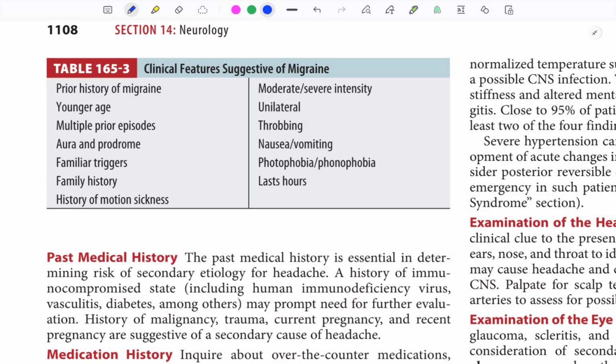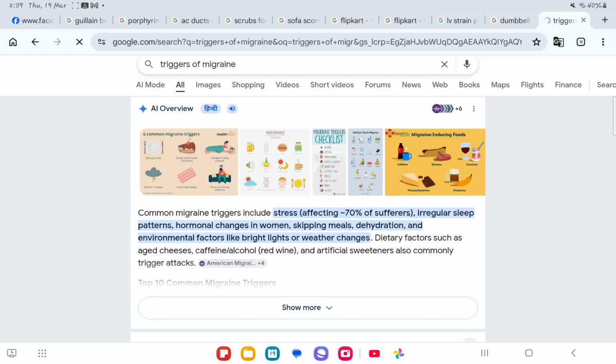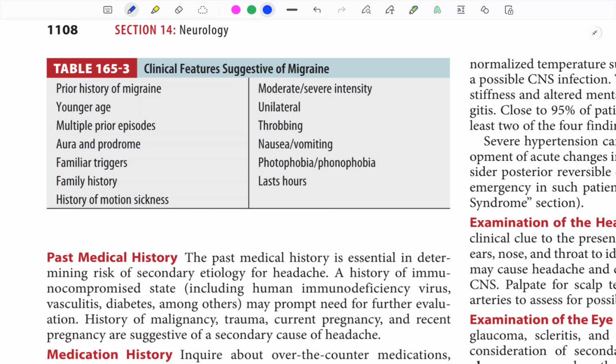It could be your menstruation, going in the sun, certain sleep patterns, dehydration, skipping meals, bright light, weather changes, cheese, coffee, alcohol, artificial sweeteners. All these can trigger headache and they vary from patient to patient.